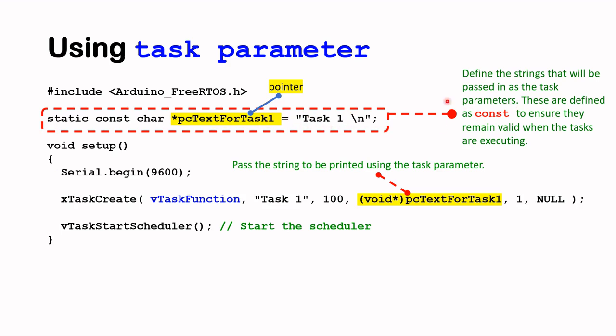The const here is to ensure that the string or data remains constant when the task is being executed. All right, so that's the whole purpose of this. And then let's go back to the void setup briefly. Here we have the vTaskStartScheduler function.